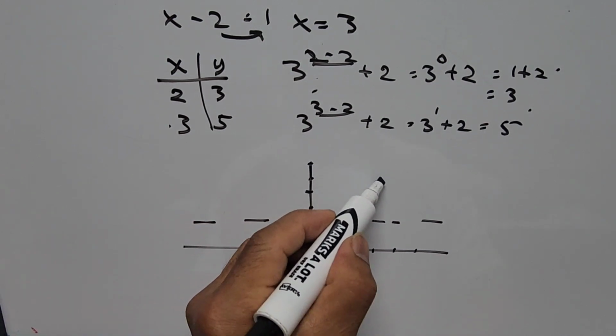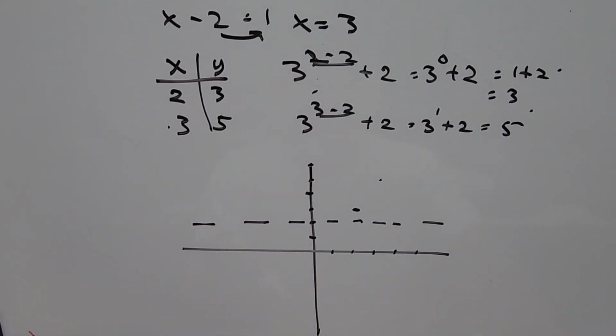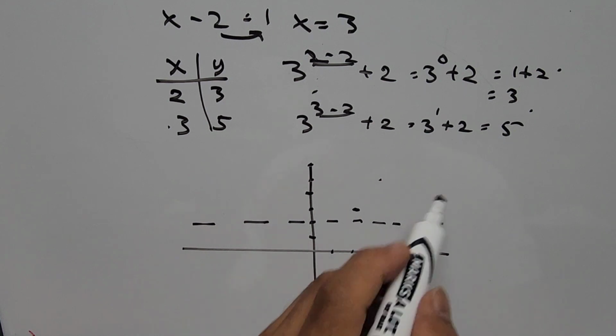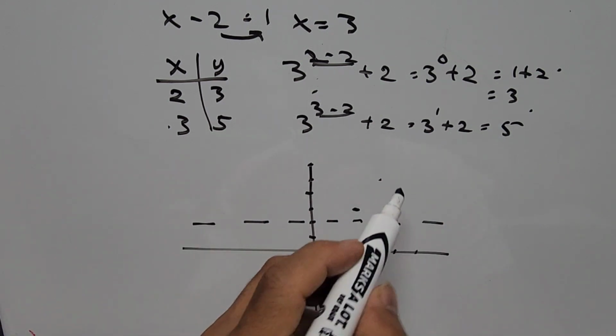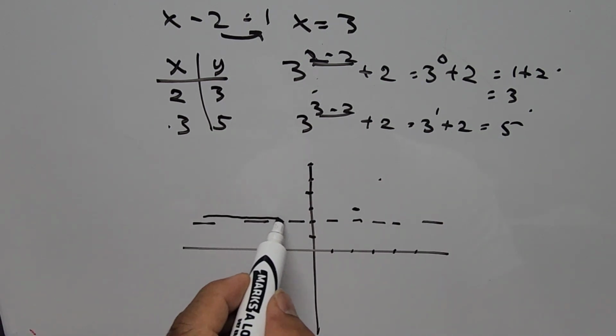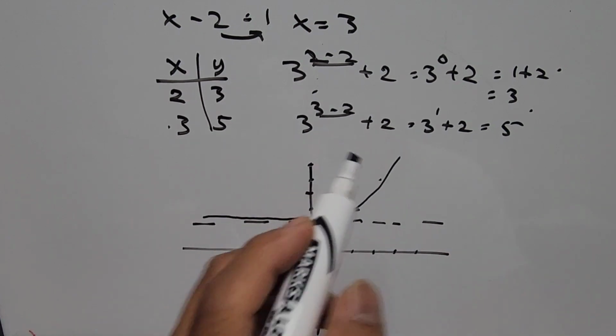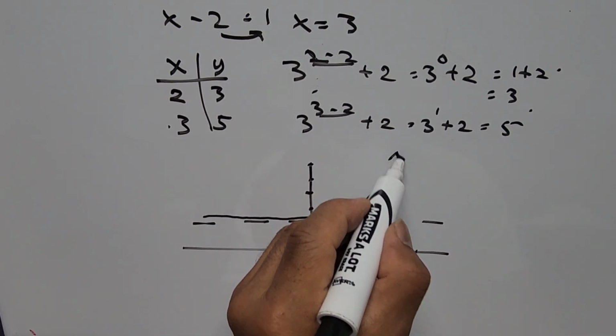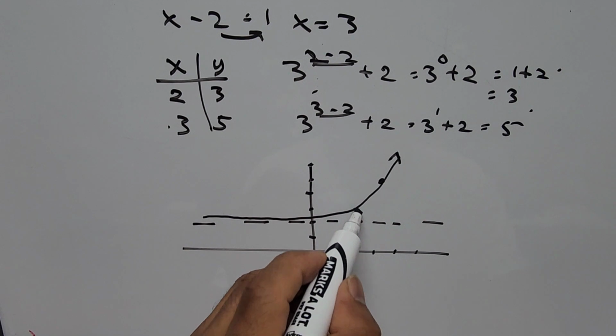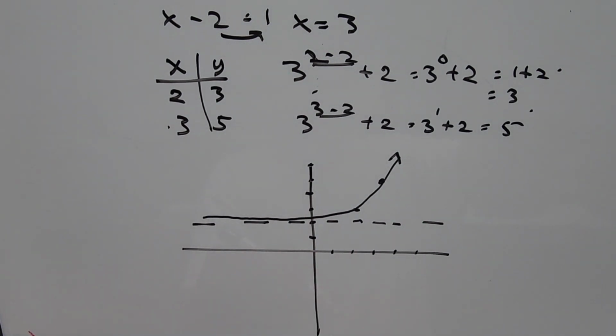So this is here. So our graph goes from the horizontal asymptote up, so it's right here. That goes that way. It's not perfect, but yeah, that's the approximate graph of it.